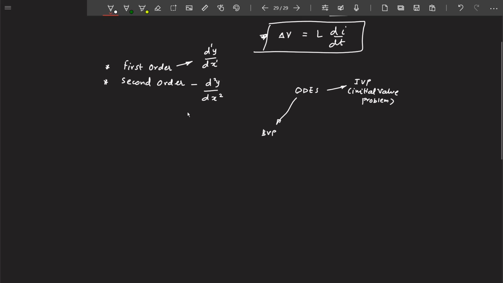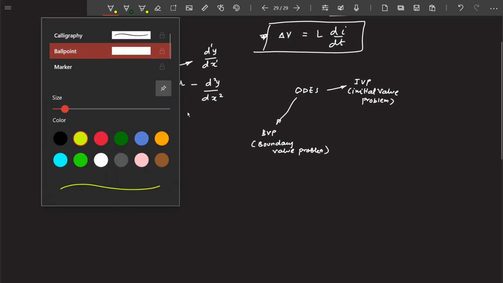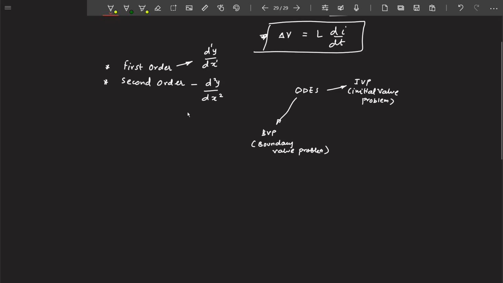The other type is BVP, boundary value problems. In an IVP, initial conditions are given. When the starting and ending boundary conditions are given, that is known as your boundary value problem.